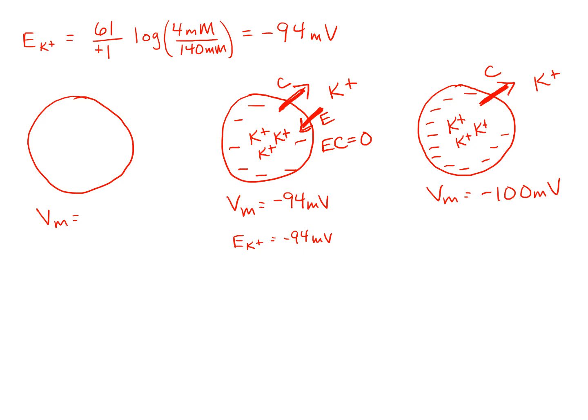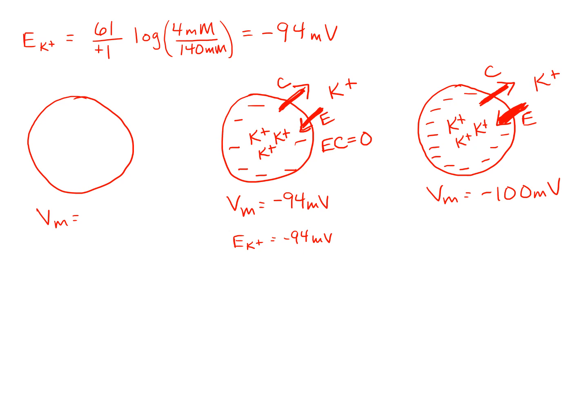So potassium, with its positive charge, is going to want to go into the cell even more than it did at minus 94 millivolts, because there's even more negative charges at minus 100 millivolts than there was at minus 94 millivolts. So we're going to draw our electrical driving force a lot thicker than we did at equilibrium at the minus 94 millivolts.